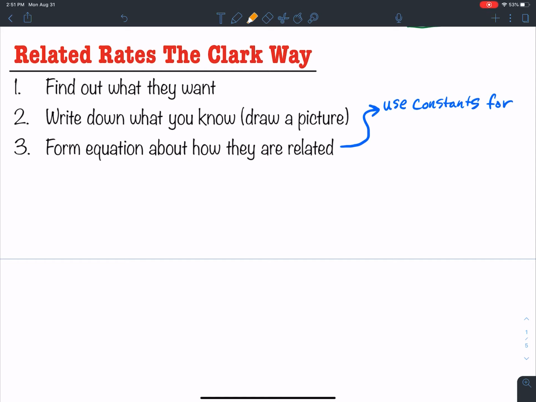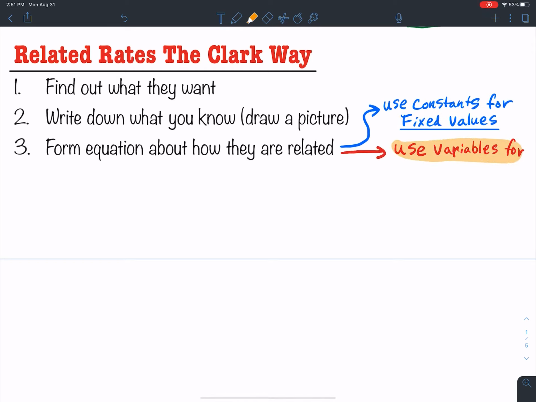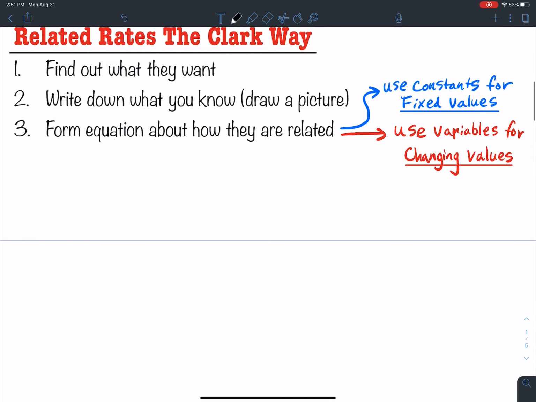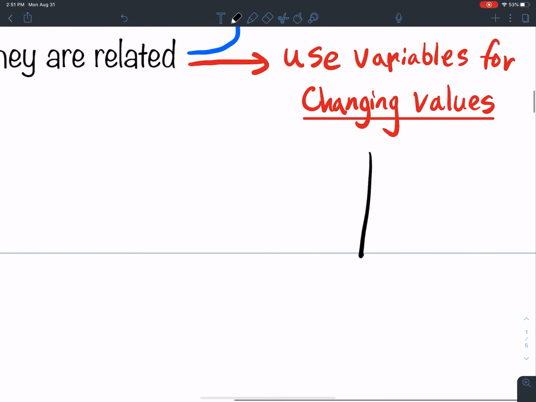I want to use constants for things that are fixed values, and I want to use variables for things that are changing values, okay? So if you think about that ladder example, say you've got a ladder leaning up against a building here. So there's my ugly little ladder there.